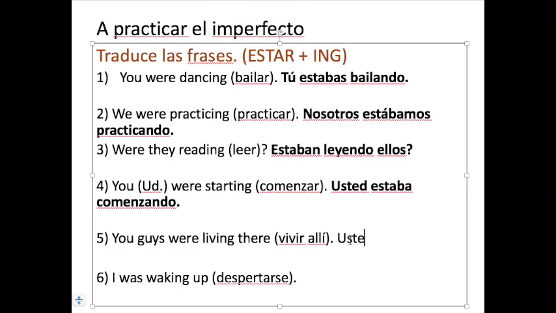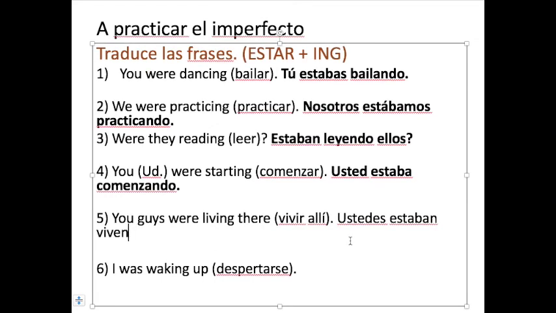So that has to go ahead and agree with me. So yo me estaba despertando. Or, if you remember, we can also say yo estaba despertándome. You can say either one of these things, right? We can put the me at the beginning or the me at the end. It just depends on what you want to do.